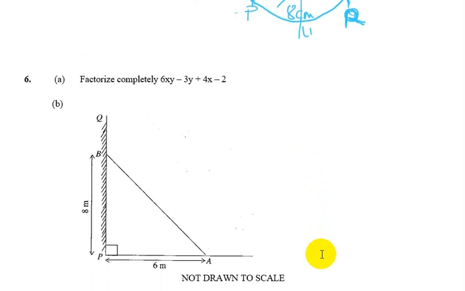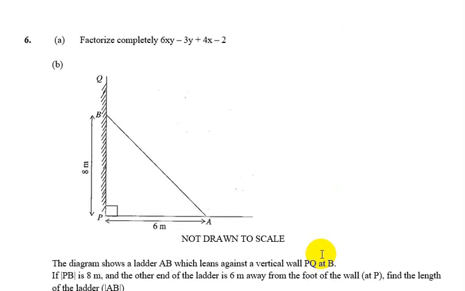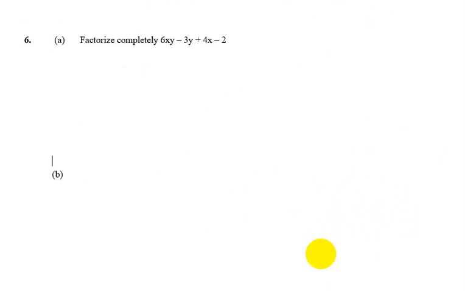Now question 6, the first one is a factorization question. It says that we should factorize 6xy minus 3y plus 4x minus 2.